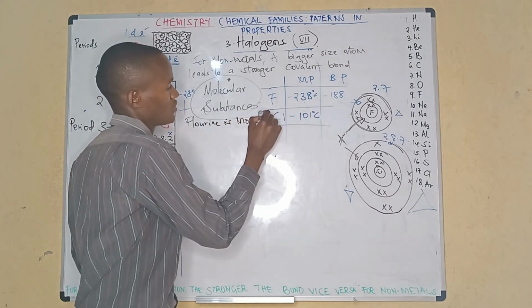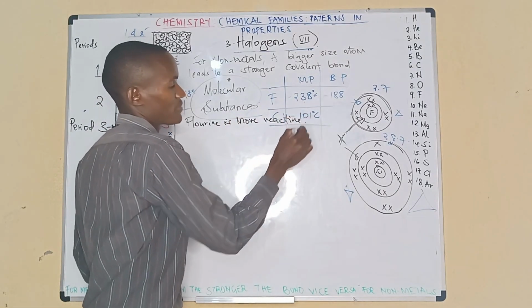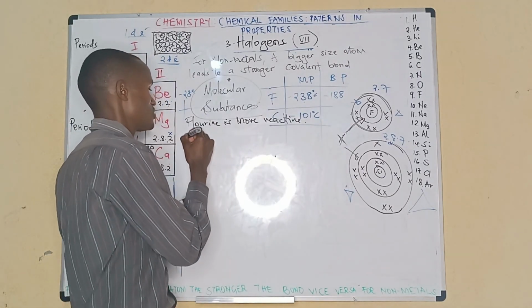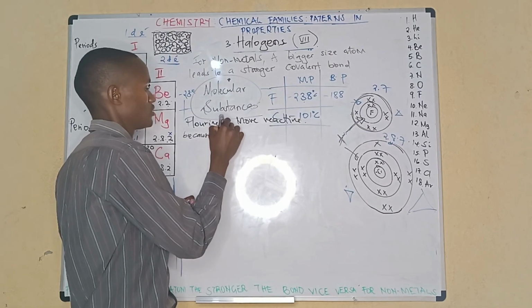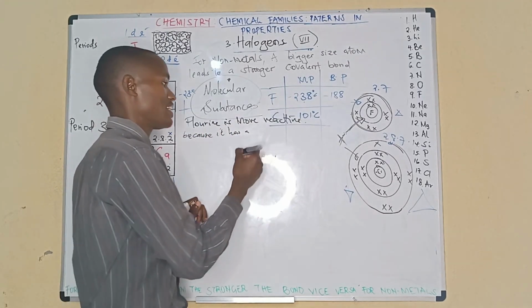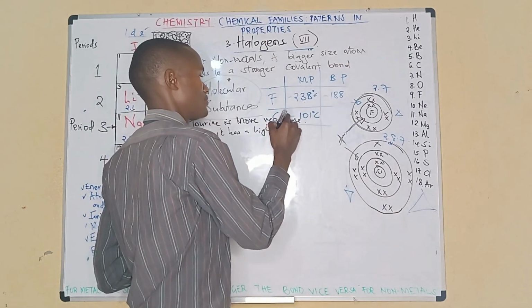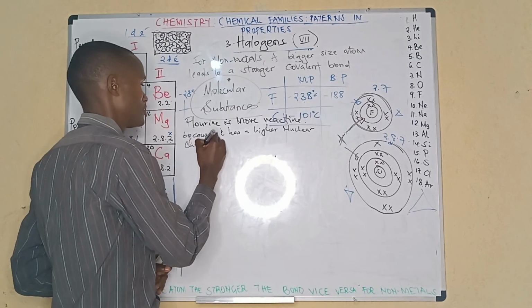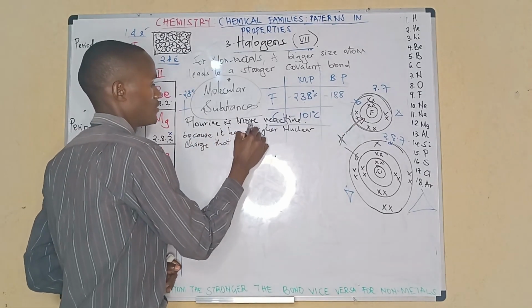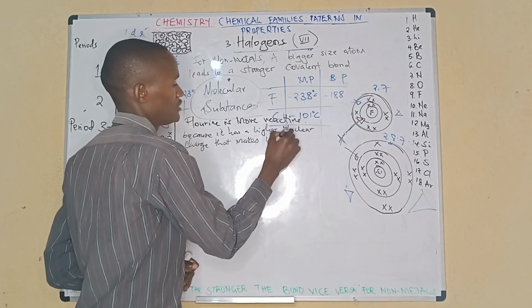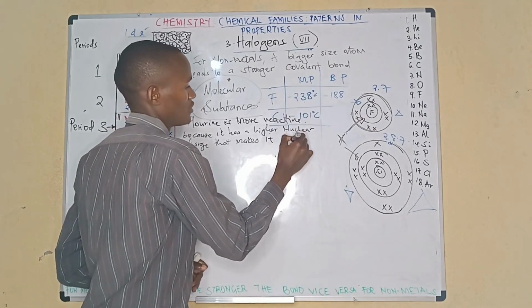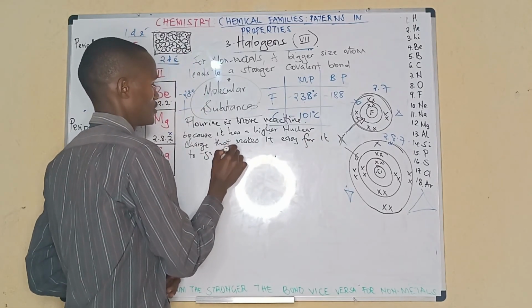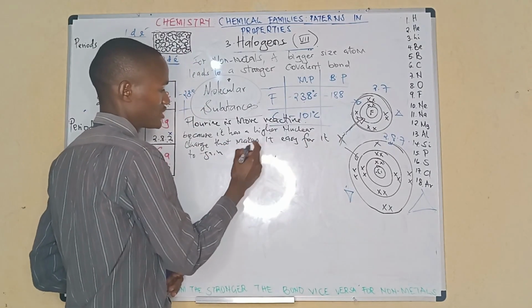Yes, fluorine is more reactive simply because it has a higher nuclear charge that makes it easy for it to gain an electron.